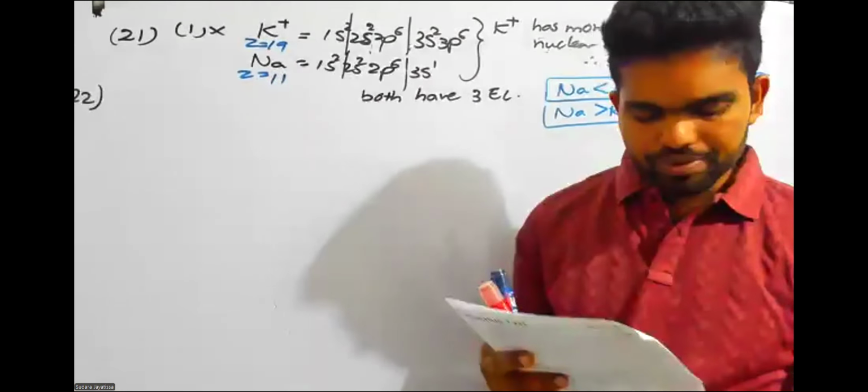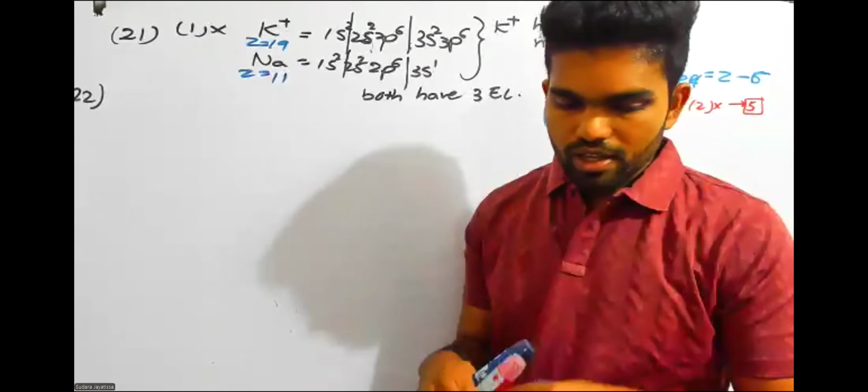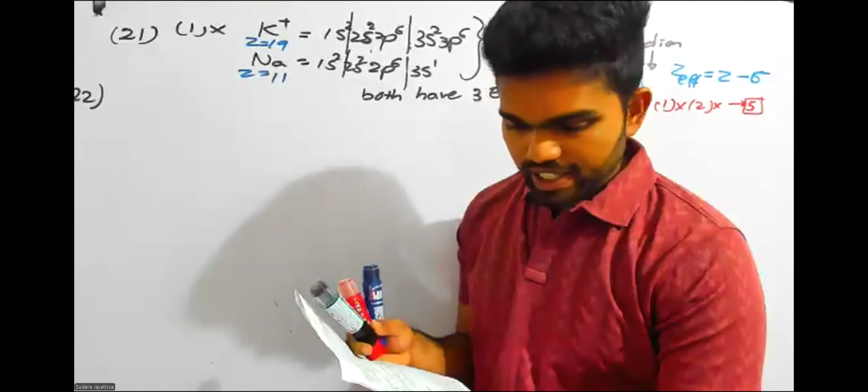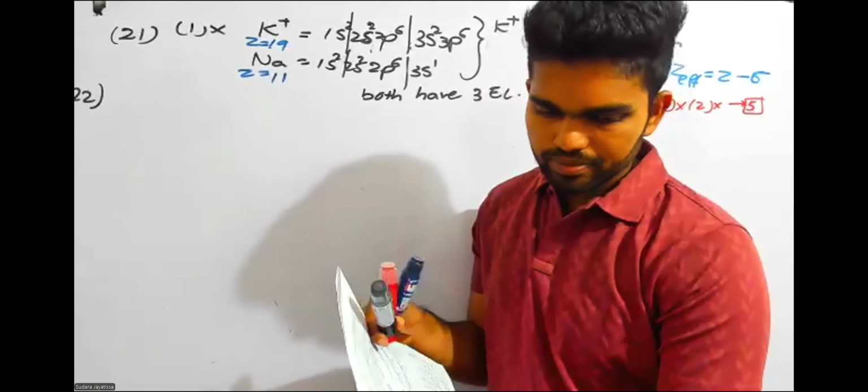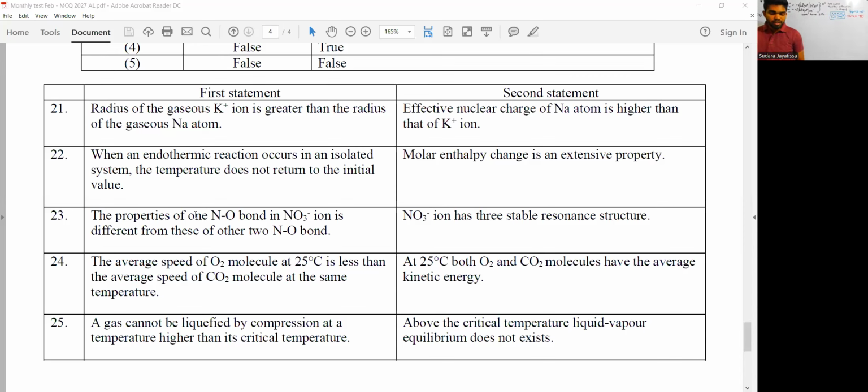Now this is question 22. When an endothermic reaction occurs in an isolated system, temperature does not return to the initial value. That is correct. Why?